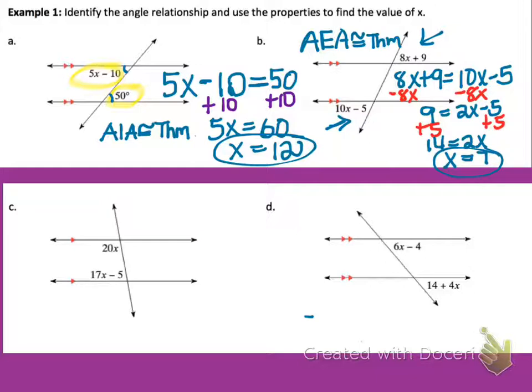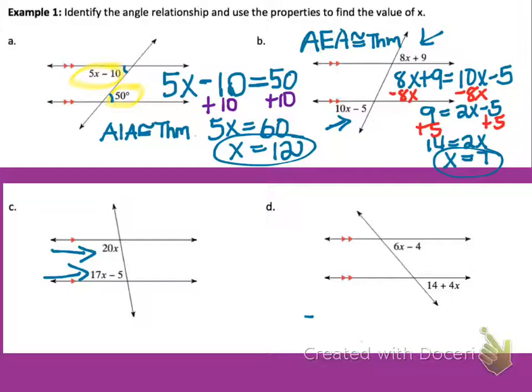So looking at C, this time, these are the angles that are labeled. And it definitely does not look like they are equal. Even just thinking about it, even though there's no looks-like-it theorem, just looking at this, I can tell that the one angle is clearly acute, that's 17x minus 5, and the other one is obtuse.